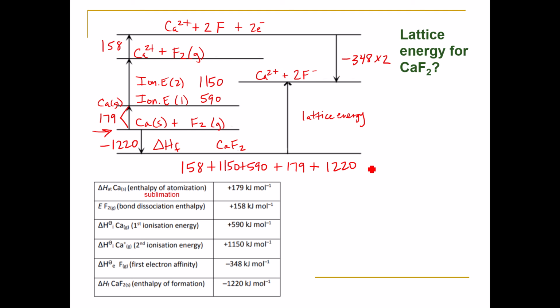And then on the other side, we're going to subtract 348 times 2, and that should give us our lattice energy. I believe this gives us 2601.